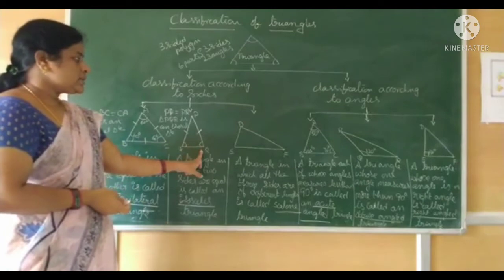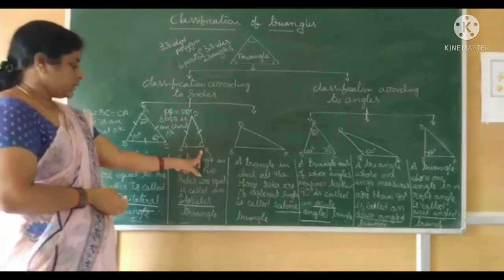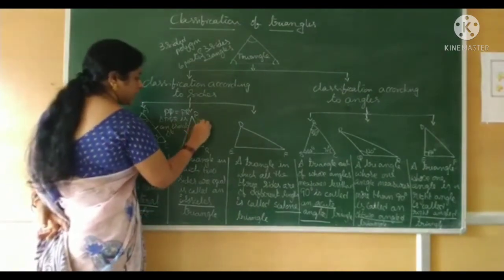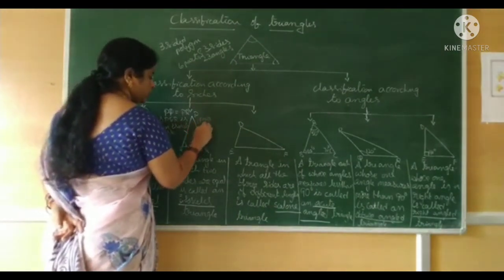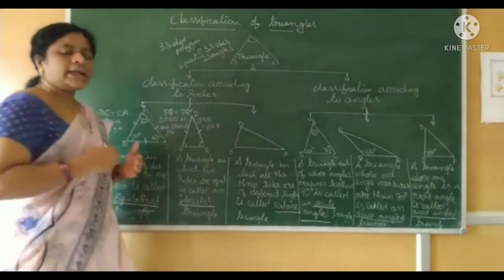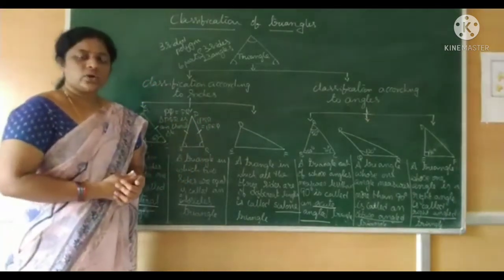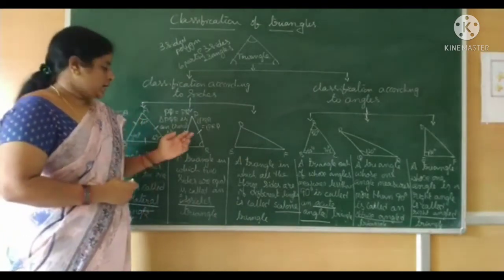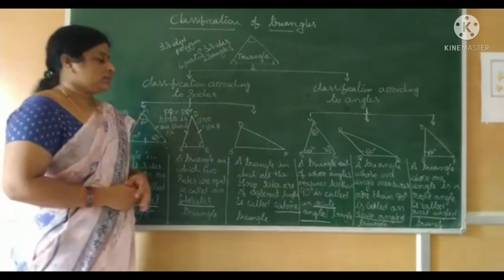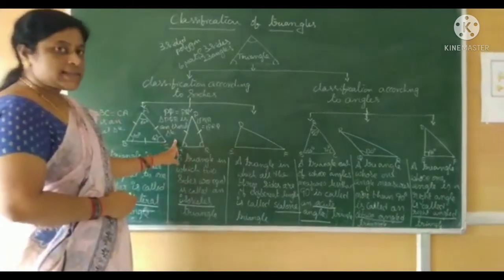Angle Q equals angle R, or you can represent it like this: angle PQR equals angle PRQ. Angles opposite to equal sides are equal.